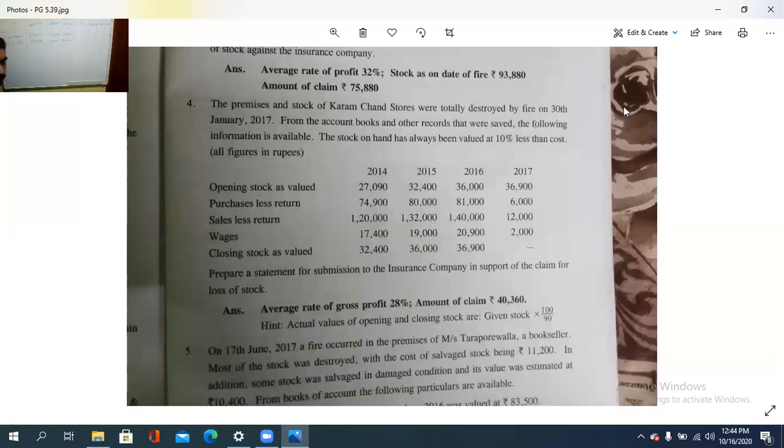Then to wages. Wages it is 17,400. Then 19,000 and 20,900. Then by sales less returns, 1,20,000.